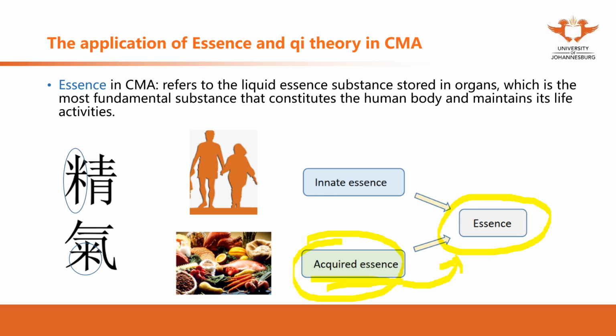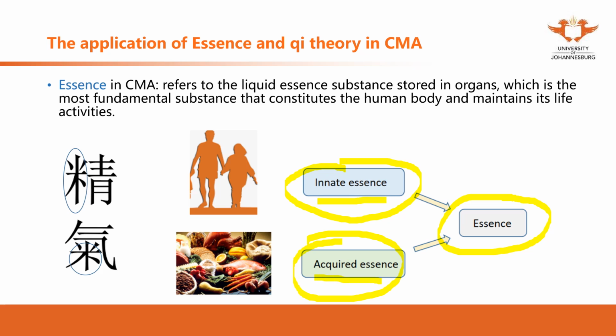Apart from this, if a patient has weak innate essence, that's something you cannot choose or change. Your parents were older when they had you, so you got the weakness in the innate essence, and you may have a weak body constitution. What can you do?